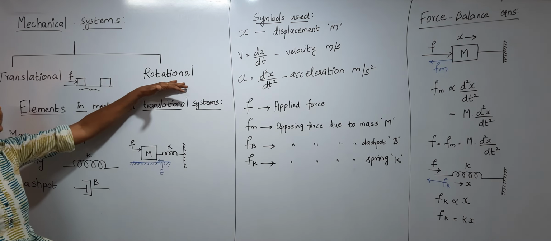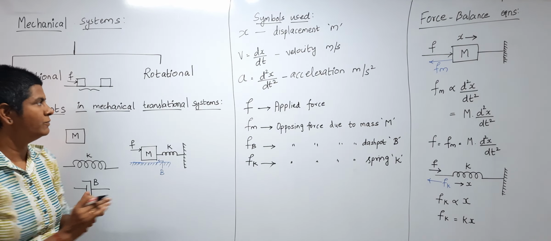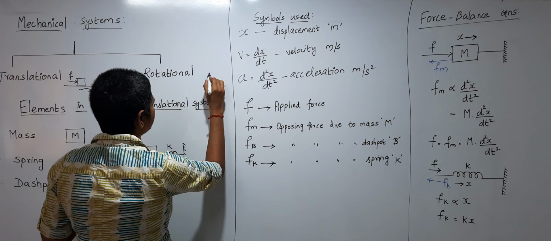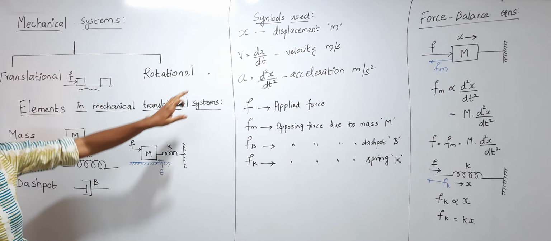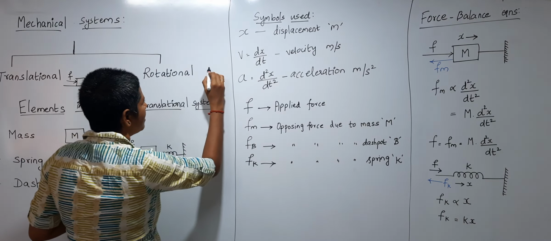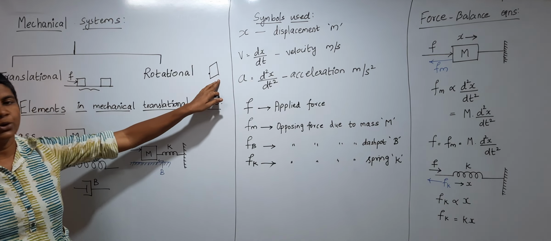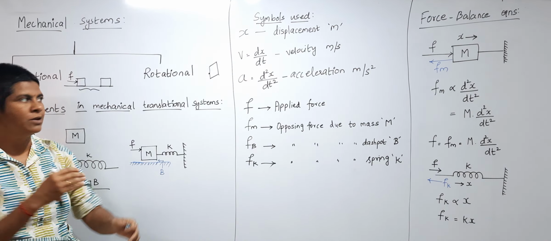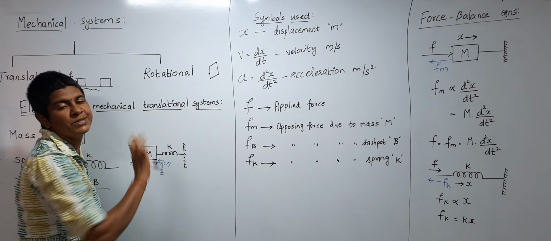And the second one is the rotational system. A rotational system is one which always rotates with respect to a reference point. For example, consider a fixed point to which we have attached a door. Whenever this door is given a push or pull, it will rotate with respect to this reference point.